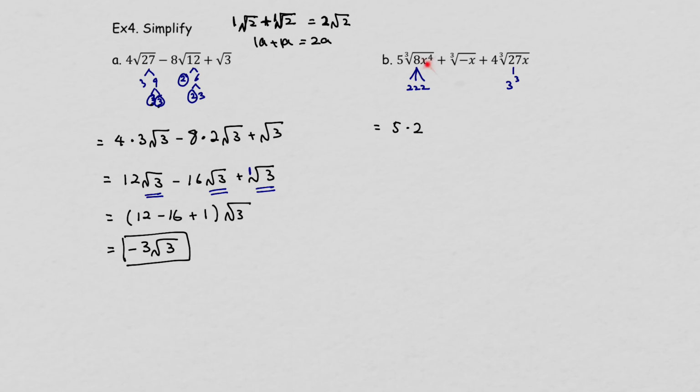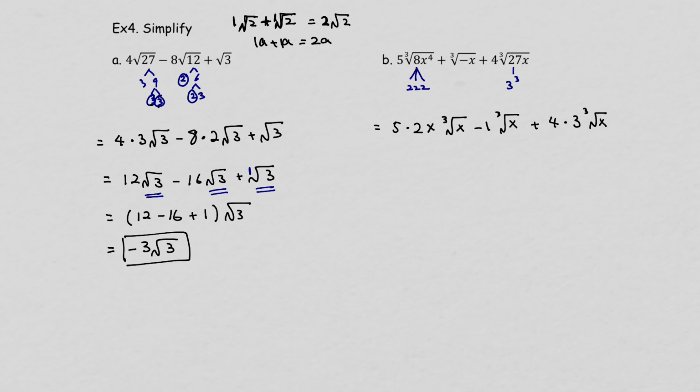And this x to the 4th, I can bring 3 out and 1 will stay. So x and 1 stay. And this is going to be, I can bring the negative out. So I can have the same radical. And then plus 4 times 3 cube root of x remains.